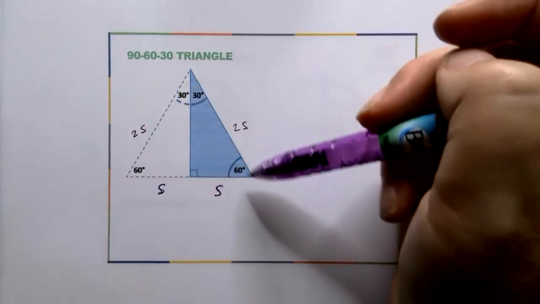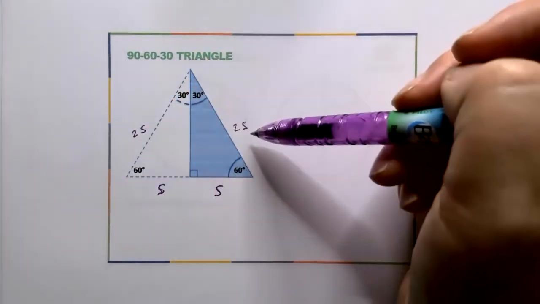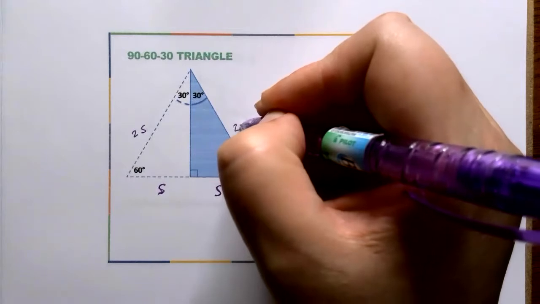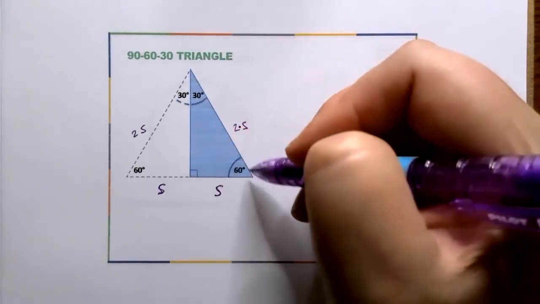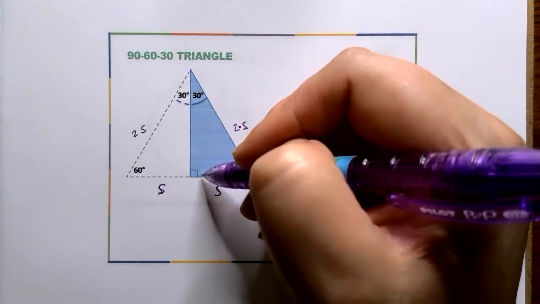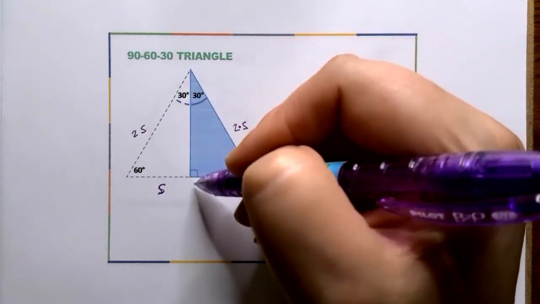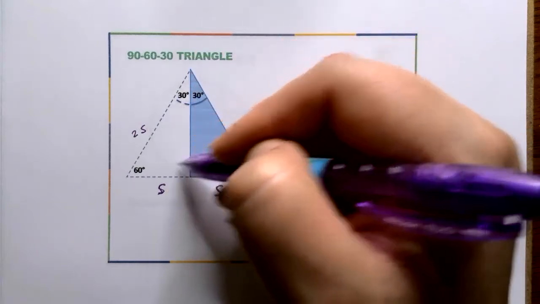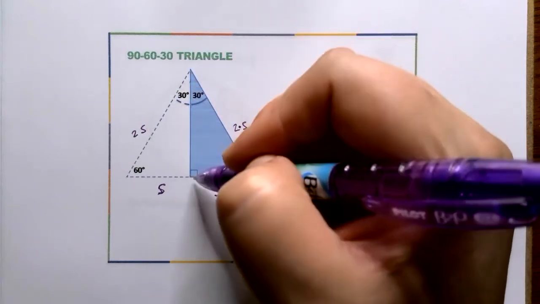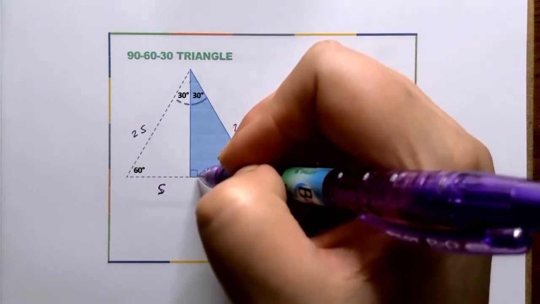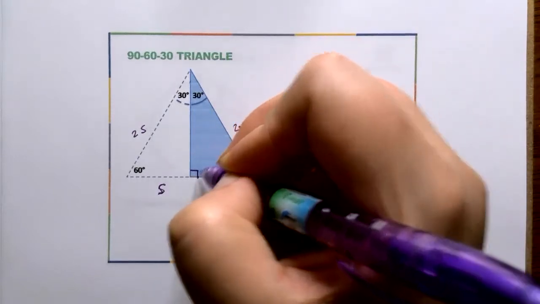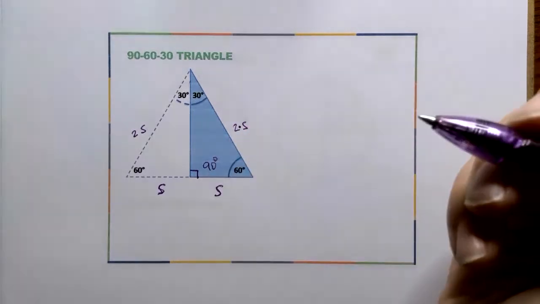So now we know two sides. If we look at this triangle now, it's a right triangle because when we have two equal parts, this line will be perpendicular to the base of the triangle, and we're gonna have a 90-degree angle formed right here.